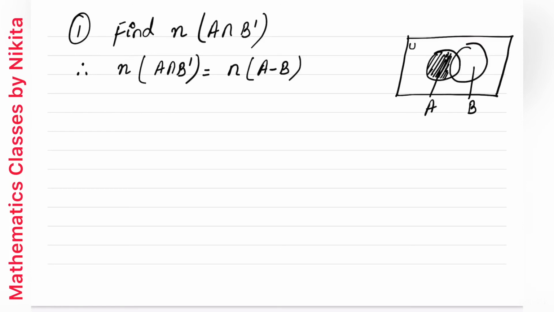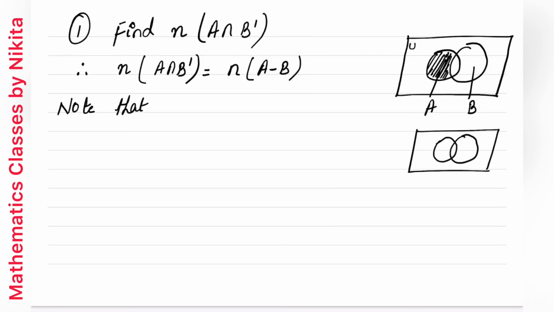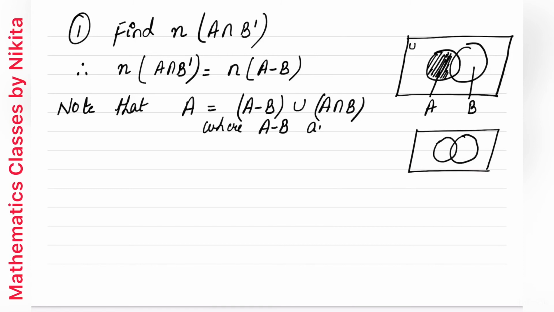And also note one thing. Again, I am drawing the figure. Note that the set A can be written as A minus B union with A intersection B. And these two sets are disjoint, where A minus B and A intersection B are disjoint.